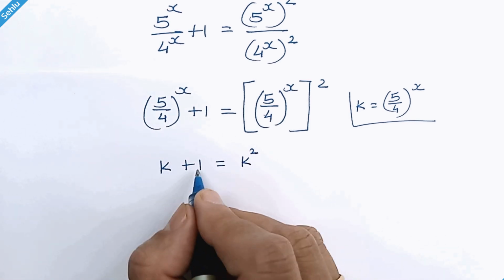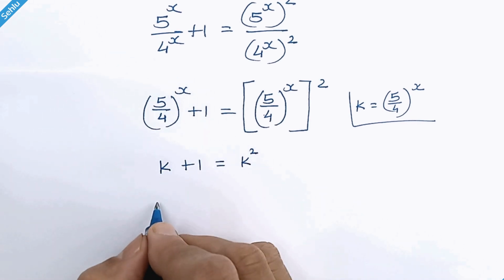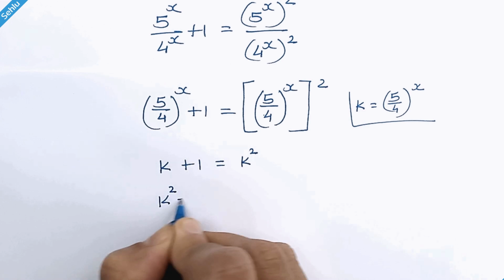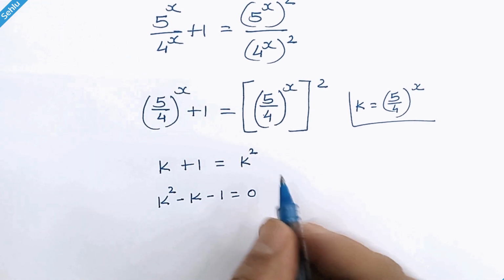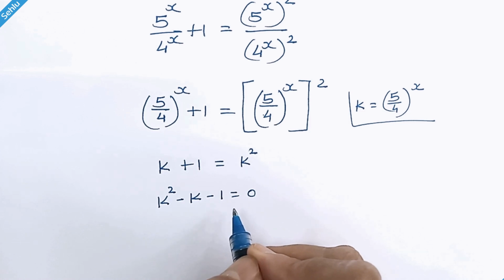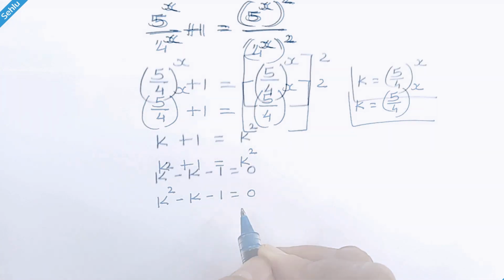If we move this k and 1 to right hand side, it will be k square minus k minus 1 is equal to 0. This is quadratic equation. Let's use standard quadratic formula to find out k.